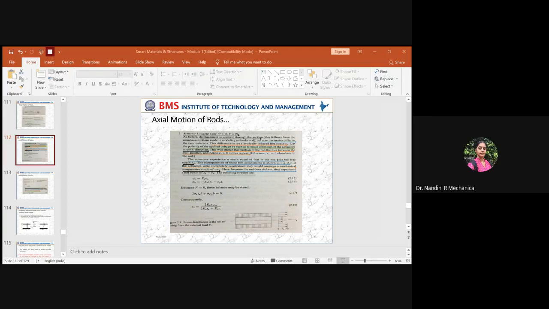But the strain across the rod and the strain across the piezo patch will be superpositioned, or superimposed, because the strain will be imposing one above the other. So this we have studied during our structure and actuator interface also, all right, in the last class.